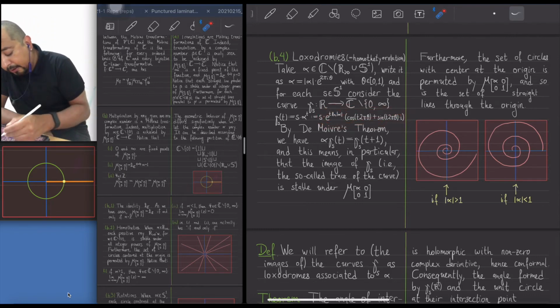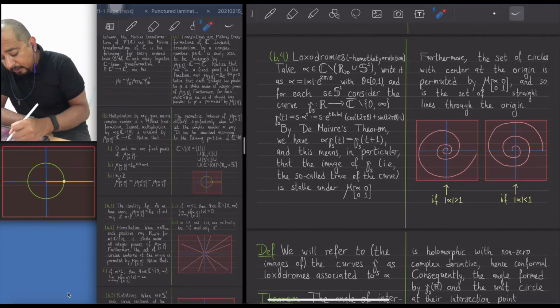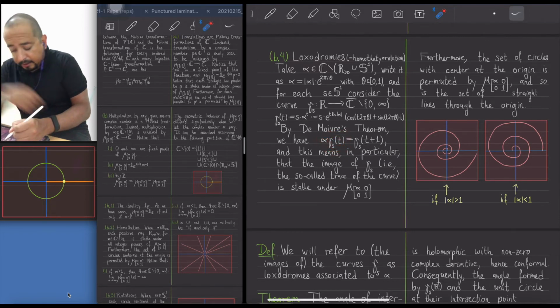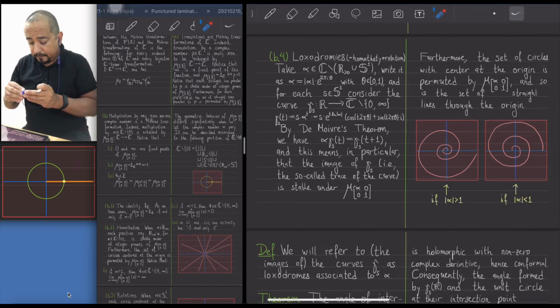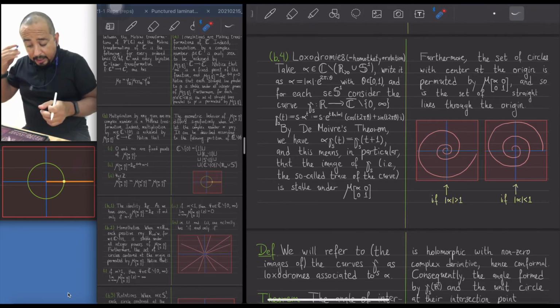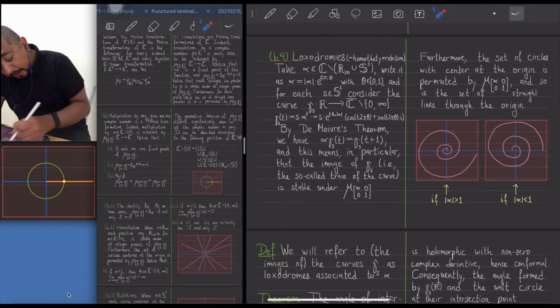Now the point is that by the famous theorem of de Moivre, multiplying gamma s of t by alpha gives you gamma s of t plus 1.